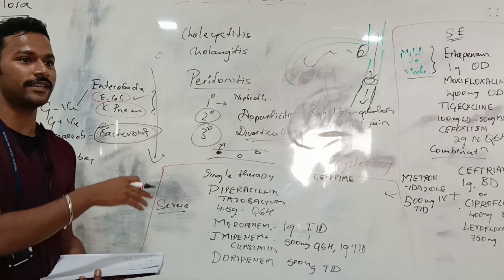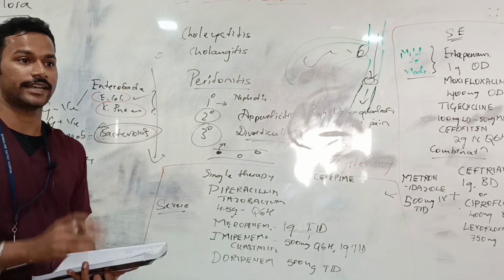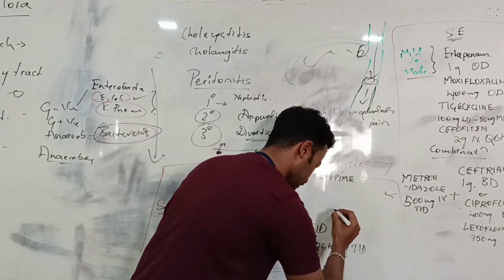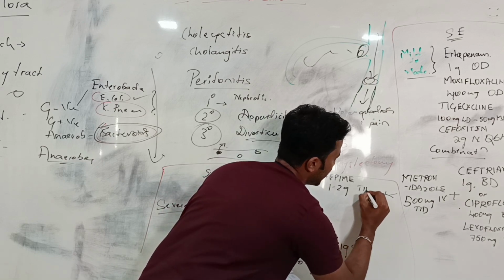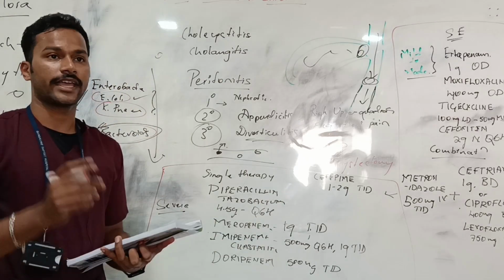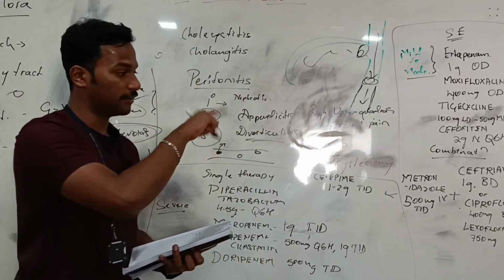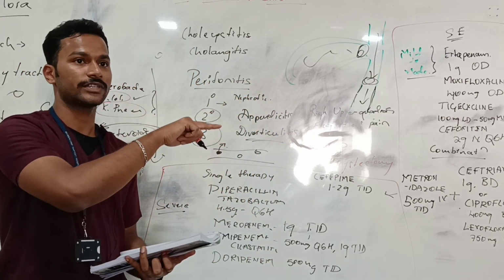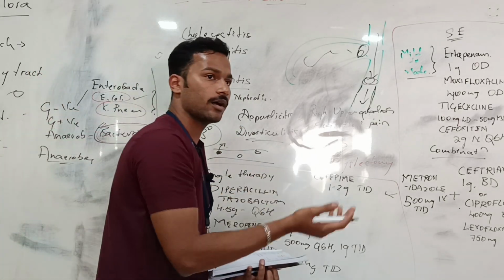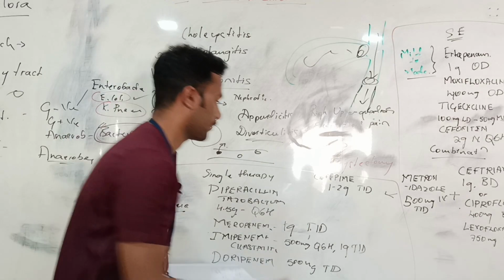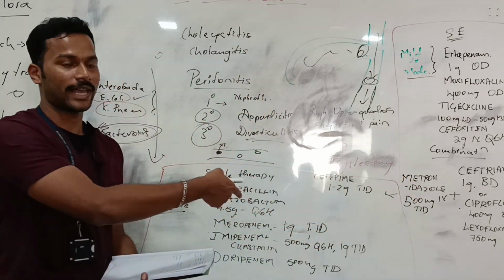That is the logic behind the change in the regimen. So cefepime is 1 to 2 grams IV TID. Then again, ciprofloxacin and levofloxacin are the drugs which come in both categories because they have coverage towards Pseudomonas aeruginosa. So the same thing applies here.